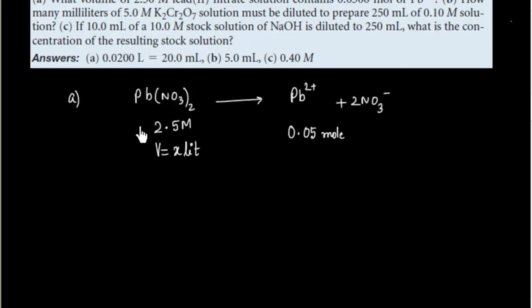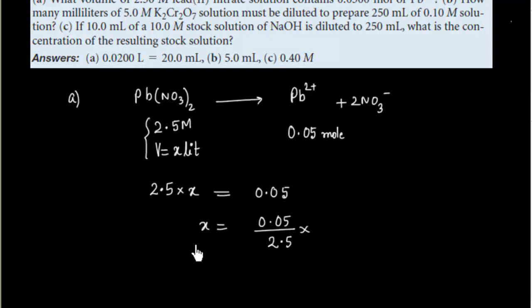So the idea is simple. We can calculate moles of Pb2+ because lead nitrate contains Pb2+. So moles of Pb2+ is 2.5 into x, and this is equal to 0.05. So x is equal to 0.05 divided by 2.5, and we can calculate in milliliter, so we have to multiply this by 1000.